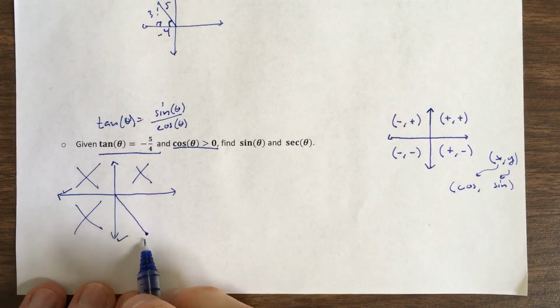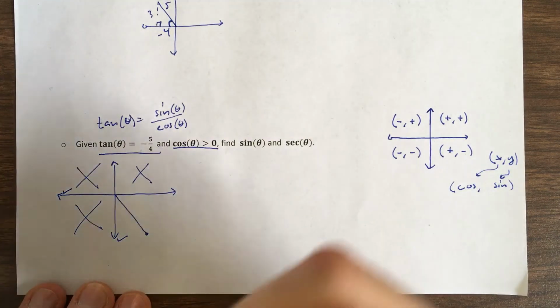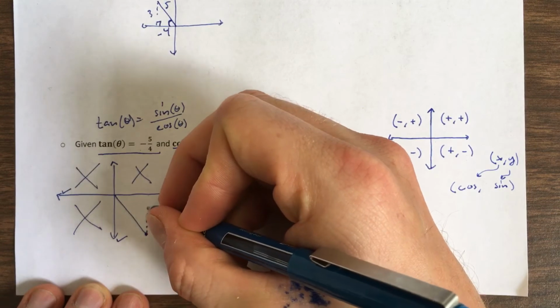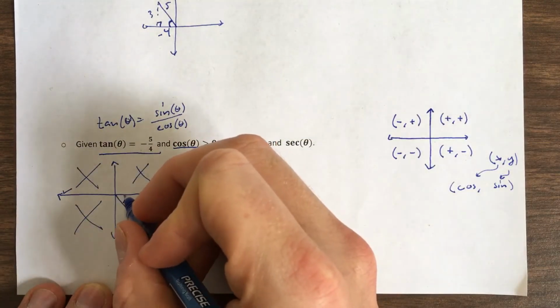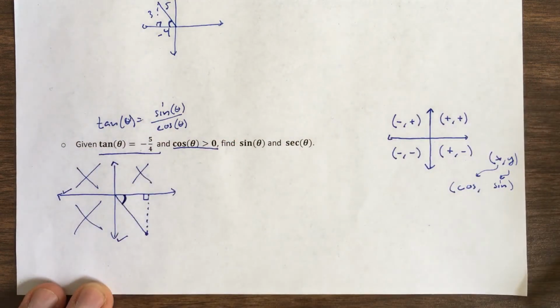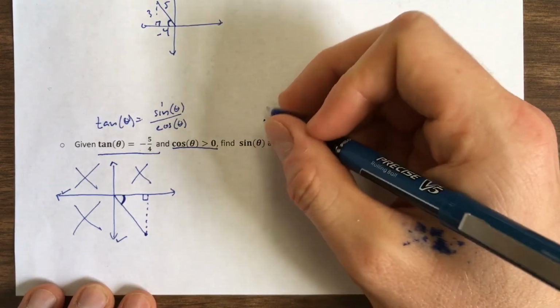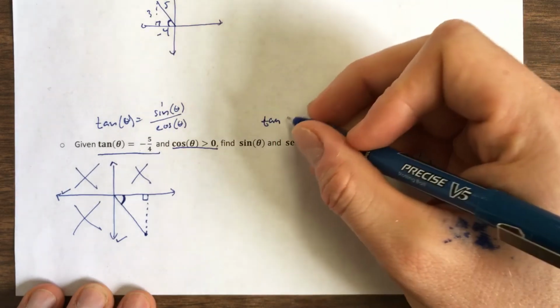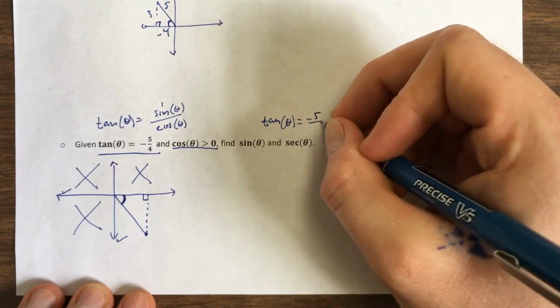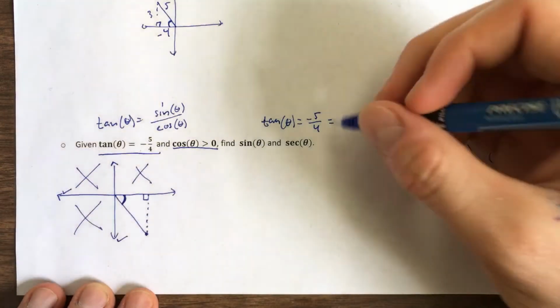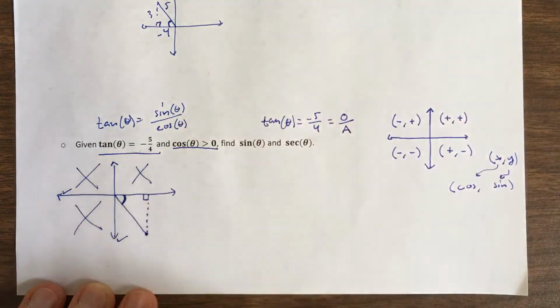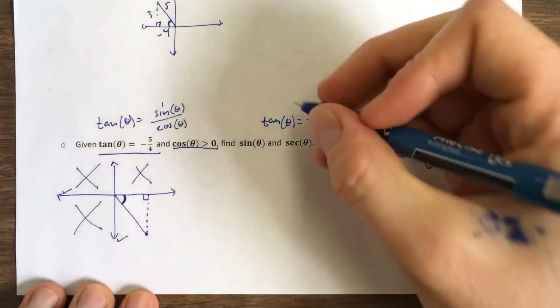So we draw a line extending out into quadrant 4. To create our triangle, the dotted line always goes straight to our x-axis. And our reference angle is going to be here, closest to the origin. Now, we can use the ratio -5/4 because tangent is sine over cosine. We showed this, but it's also opposite over adjacent. And I shouldn't put the negative on the 5.